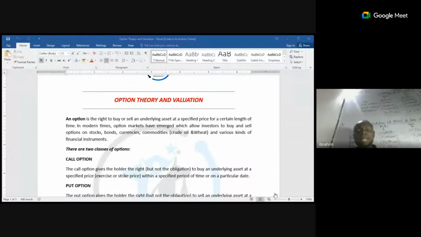Mr. Peter can decide to go there to buy, to exercise, maybe at that current price, at 20 naira per share in the option markets.